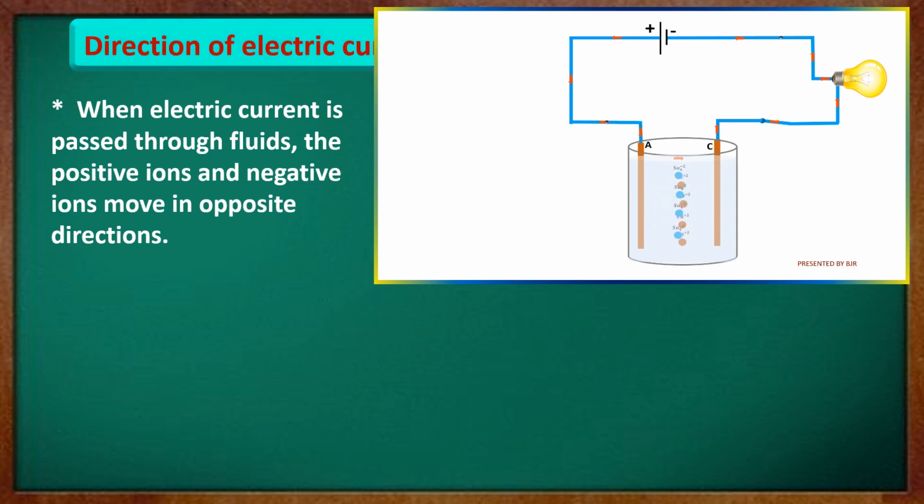The bulb glows, current is passing through the fluid. In this case, what happens, you can see here. Copper ions are moving towards cathode and sulfate ions are moving towards anode. That means both positive and negative ions are in motion in case of fluids.